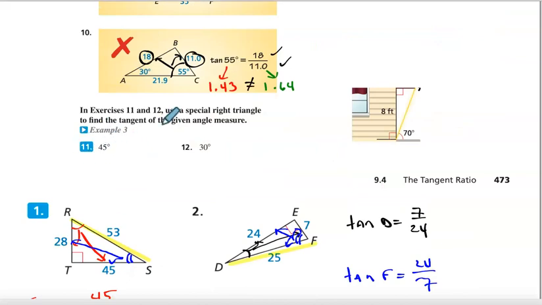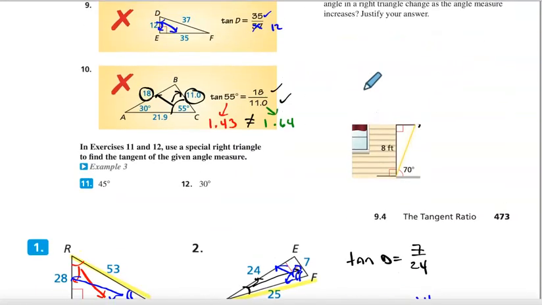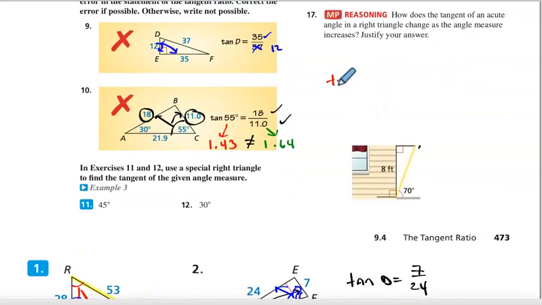So the tangent of 45. So we said the tangent of 45 degrees is 1. So what happens when you have the tangent of 30 degrees or the tangent of 60 degrees?